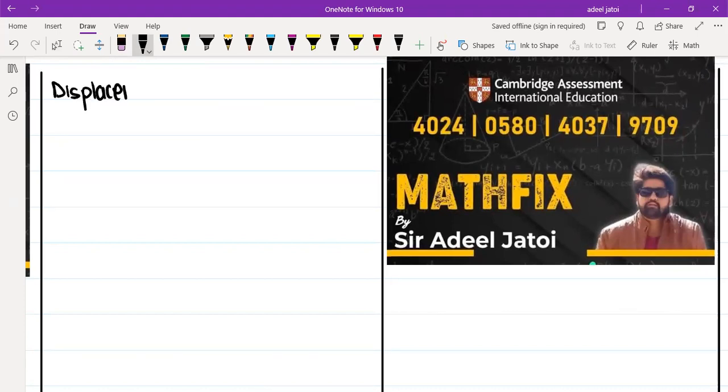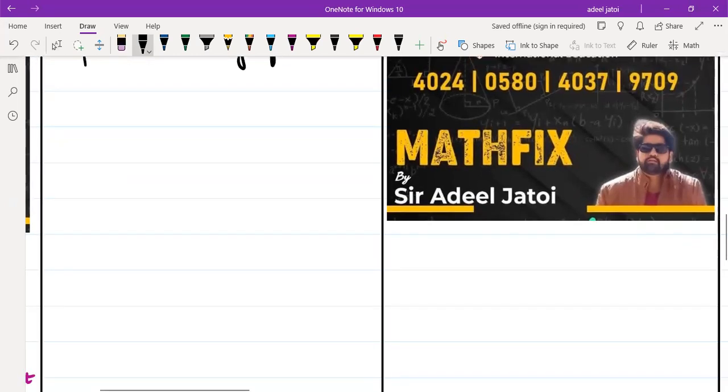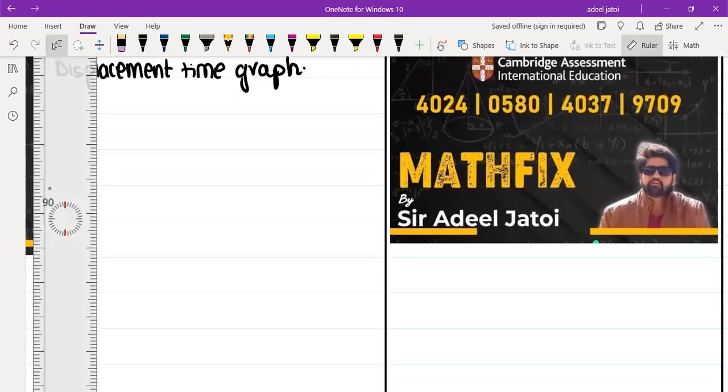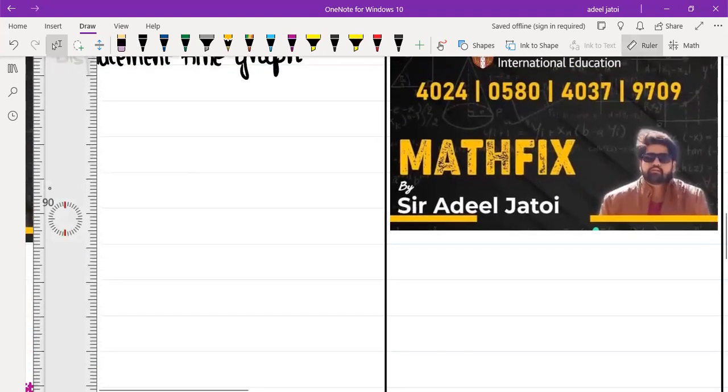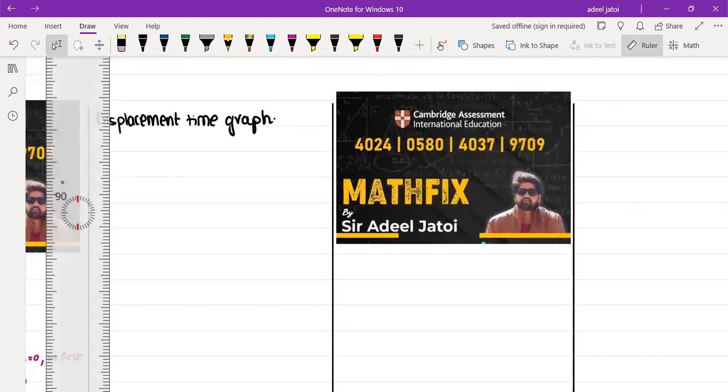Again, drawing the straight line, right?